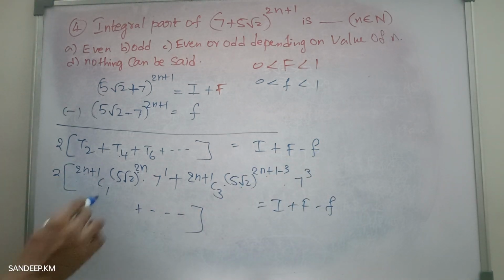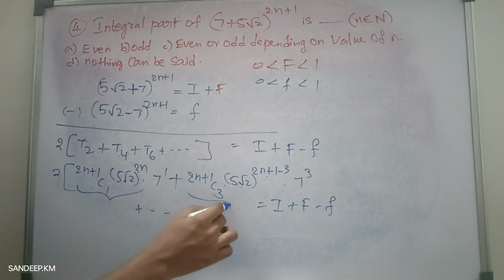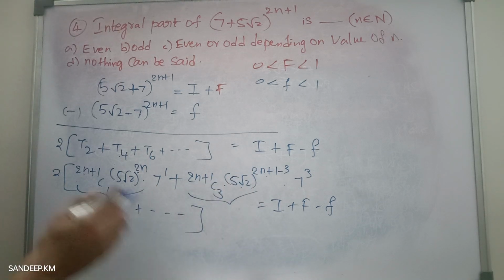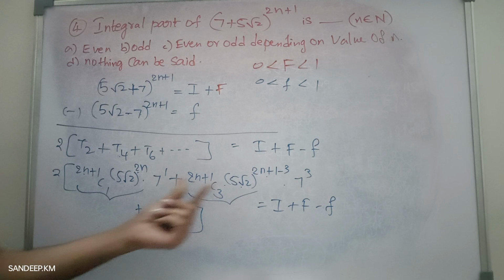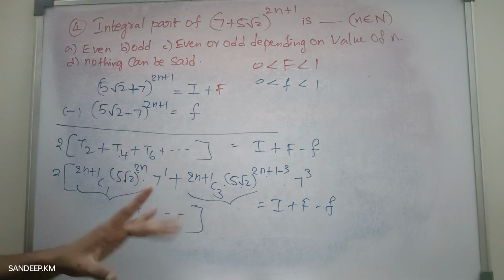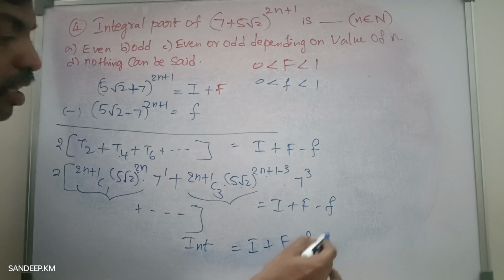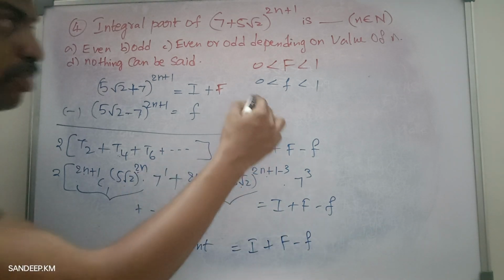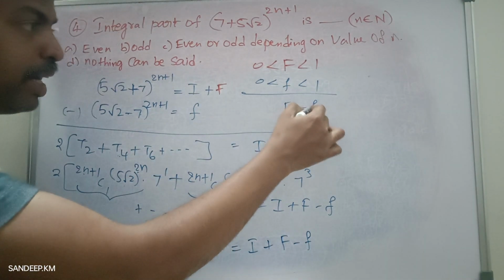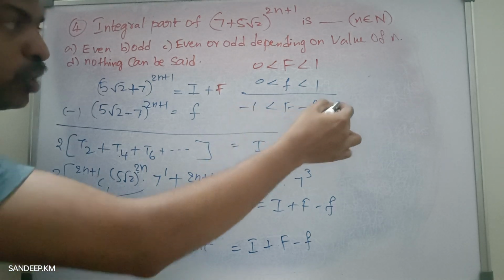We can say that this is an integer, plus this is an integer, like that every term inside the bracket is an integer. Integer plus integer plus integer and so on is an integer, into 2. So 2 times an integer is also an integer. So therefore some integer is equal to I plus capital F minus small f. And in the previous problem we have discussed that capital F minus small f will be between minus 1 and plus 1.